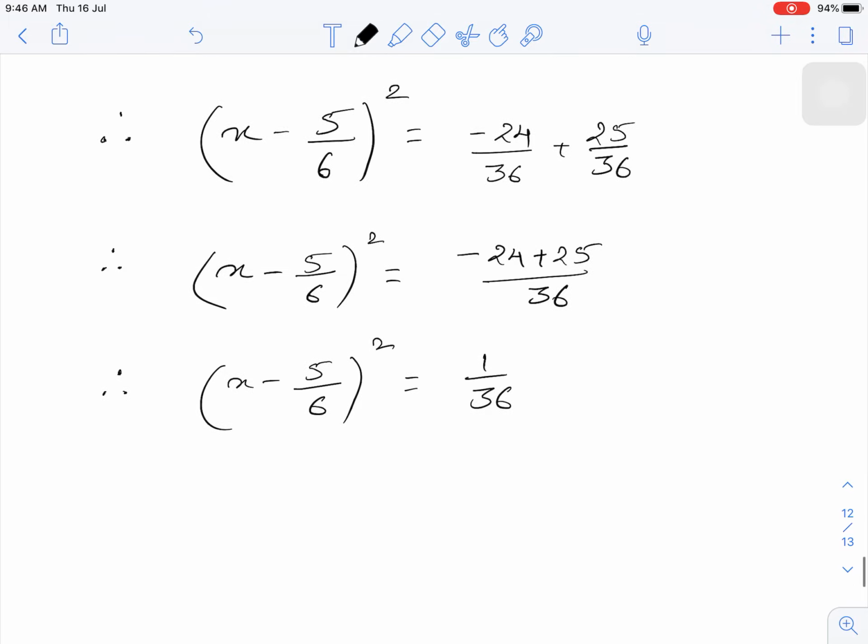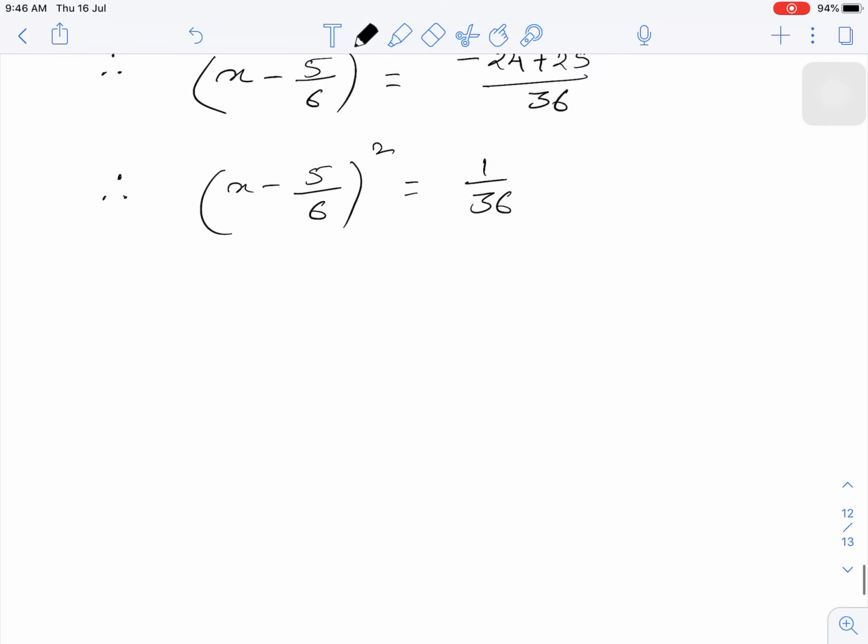Now the next step is that we have to remove the square sign. So how to remove it? By taking the square root of both sides.